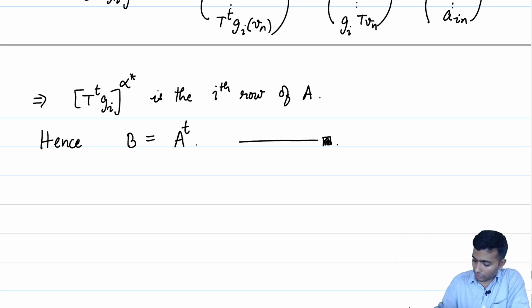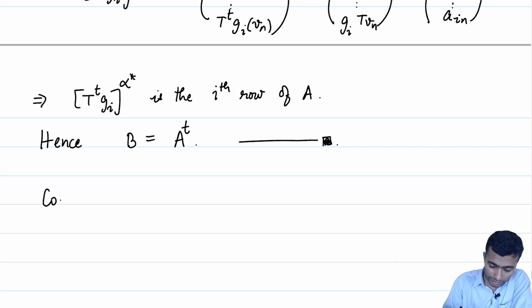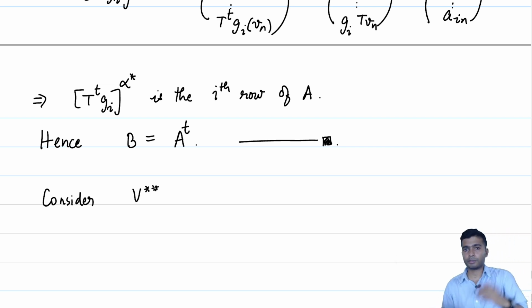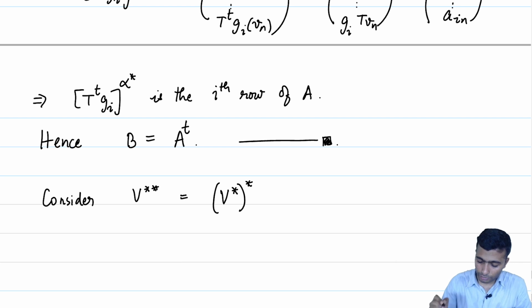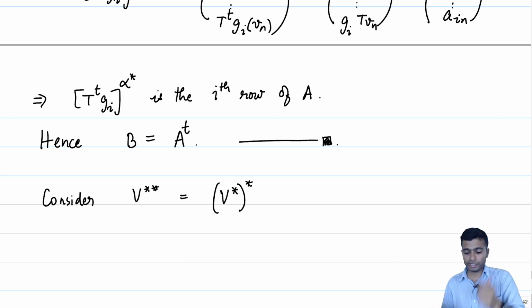So, let us consider what I just said. Consider V star star, in fact, which is the dual space of the dual space of V. So, in other words, it is all the linear functionals on V star.